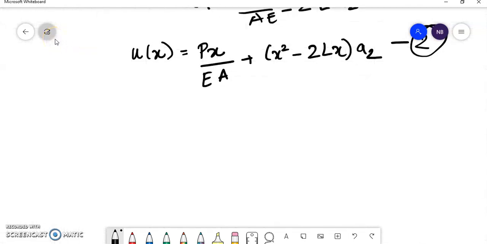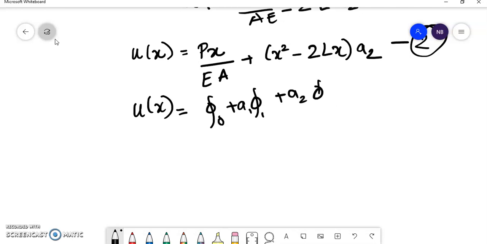Let us consider the general displacement solution for the Galerkin method, phi 0 plus a1 phi 1 plus a2 phi 2 and so on.